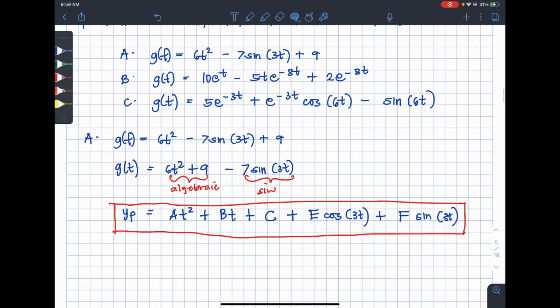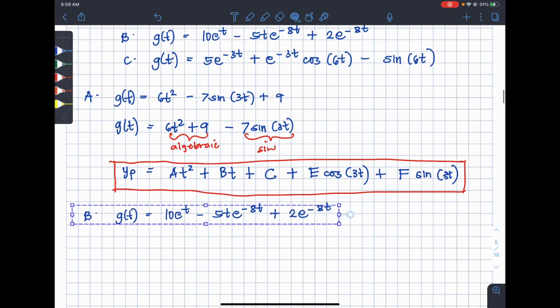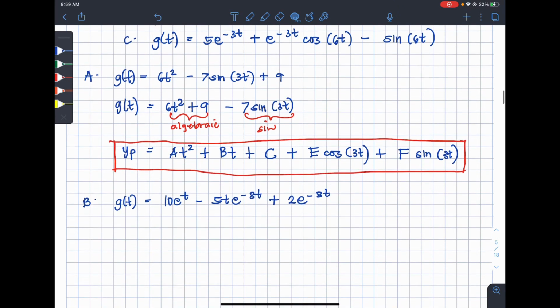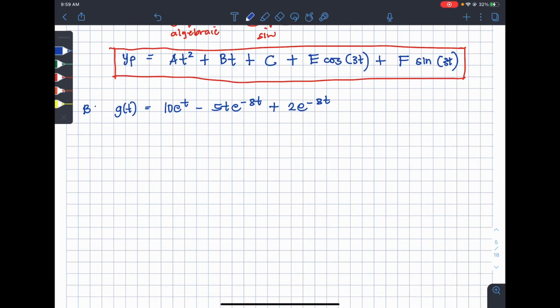Let's have another example. So, for letter B, exponential lahat sila, no? So, kaya lang, yung dalawa parehas, yung isa hindi. Pero kung gagawin ko yung kanina, okay, so ang y of p natin yan, supposedly, this is e^t, no?